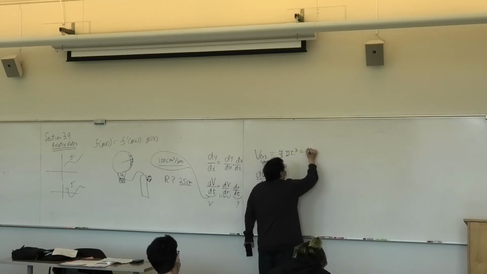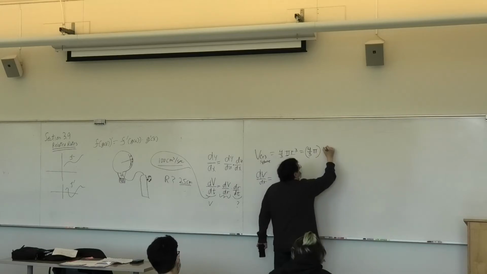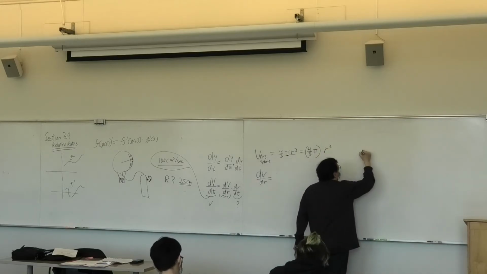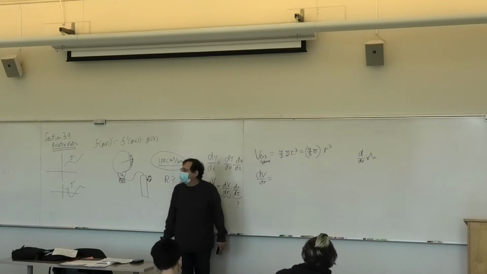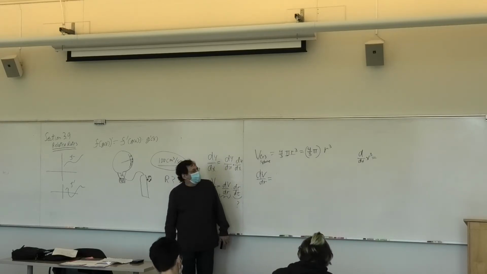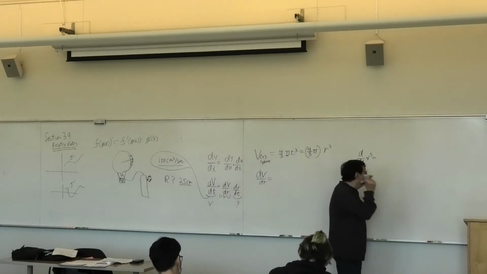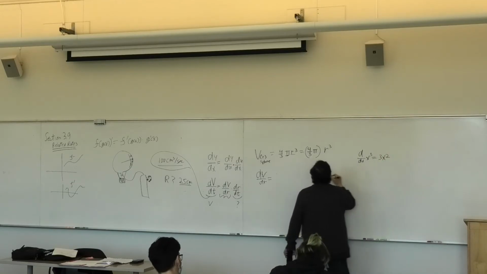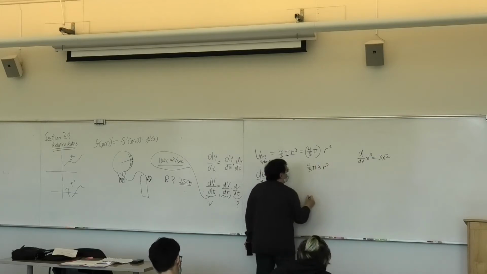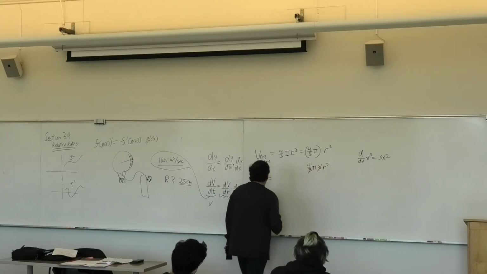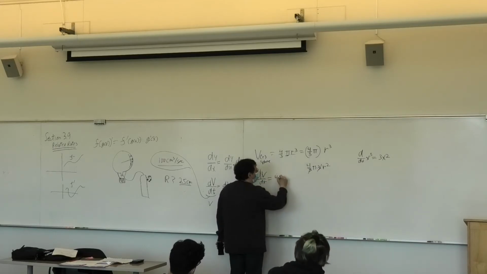I wrote 4/3 pi, this is a constant, times r cubed. So if I want d/dx of x cubed, what do I get? What's the derivative of x cubed? 3x squared. So this is just 4/3 pi times 3r squared. The 3's cancel. So we have 4 pi r squared.